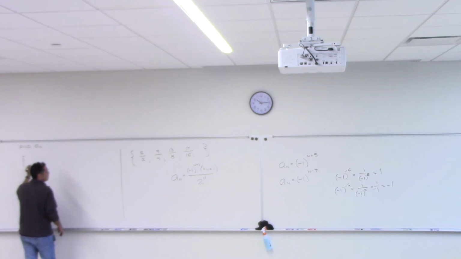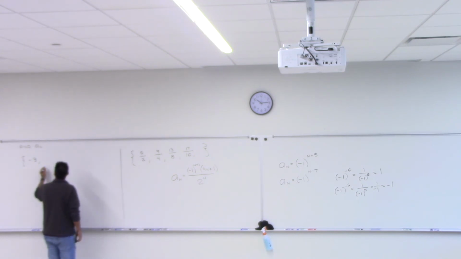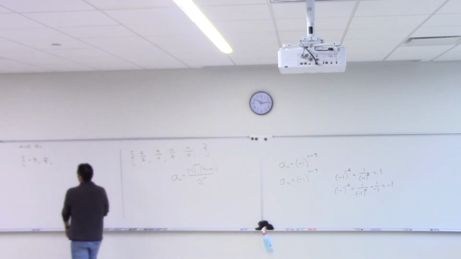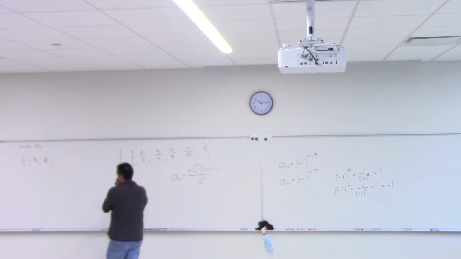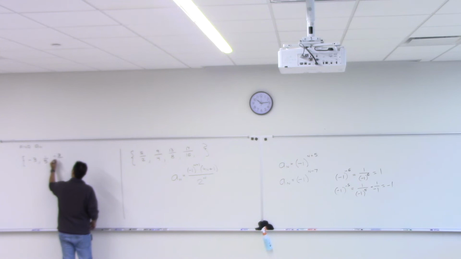Okay, let's start with -3. Okay, hold on now. 1/5. -3 over 25.